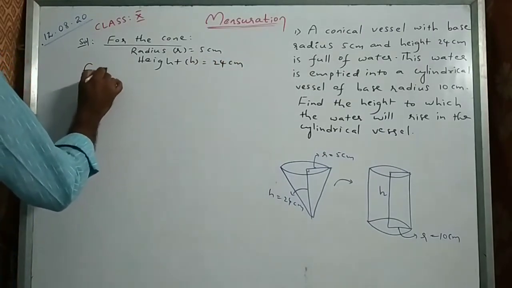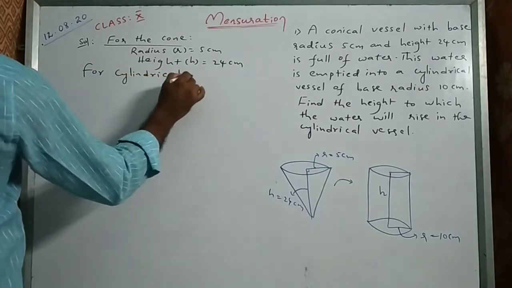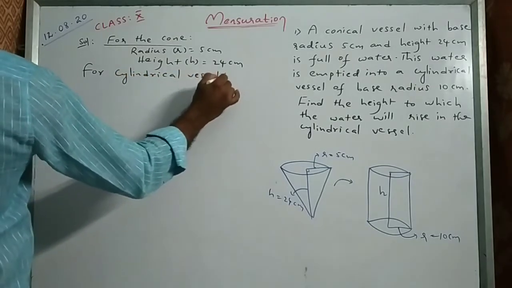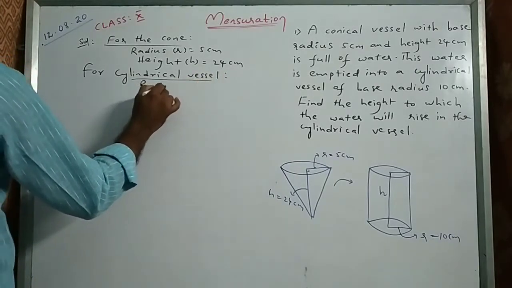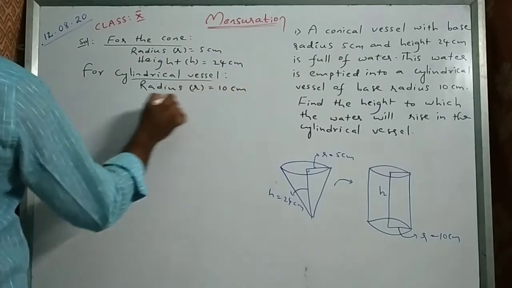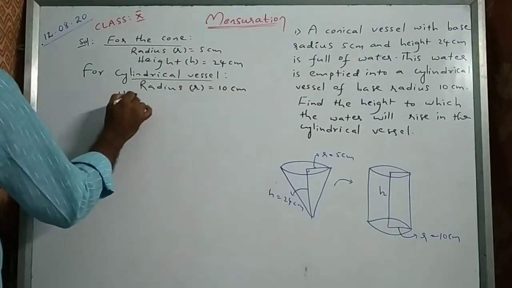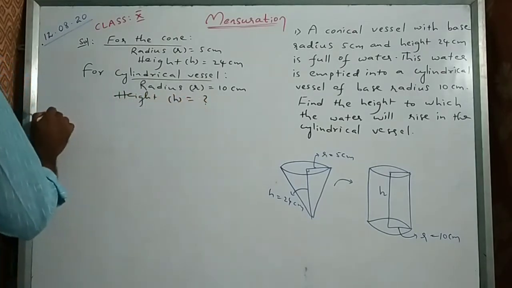For the cylindrical vessel, radius 10 cm, height we should find here. Height H equal to question mark.